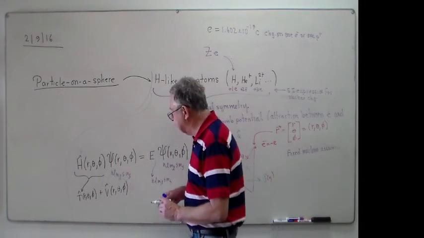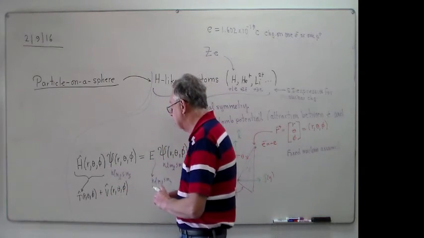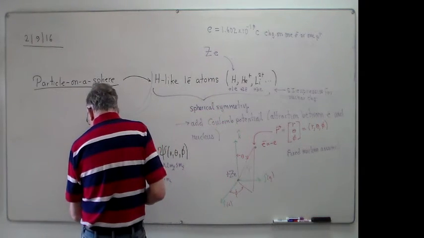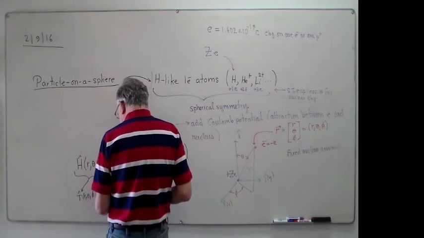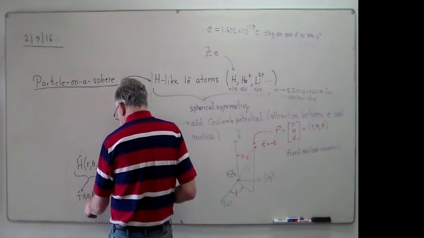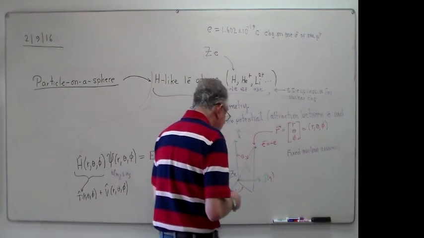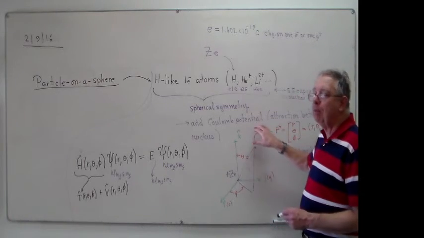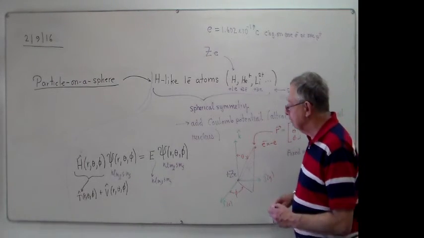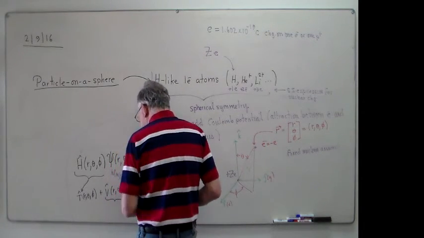For particle on a sphere, this potential was equal to 0. So the kinetic energy operators are the same kinetic energy operator in spherical polar coordinates of r, theta, and phi. Now, I want to see if you can tell me, using the Coulomb potential, what this extra expression is.